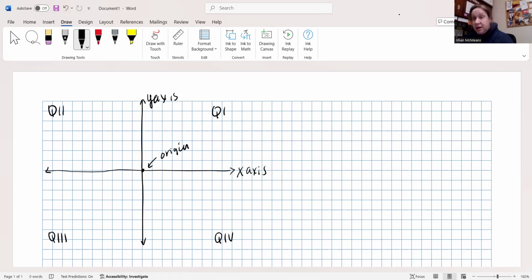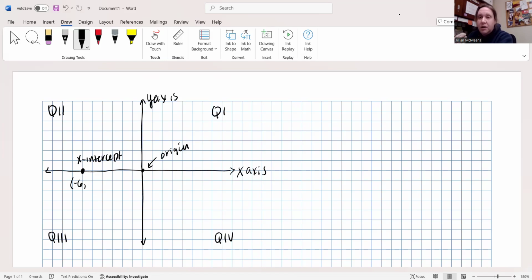Now, when you're looking at a graph on the Cartesian plane, a graph could touch the x-axis or the y-axis. It could touch it or it could cross it. That would be an intercept. So if I'm over here, this point right here, that point is on the x-axis. This would be an x-intercept. And really pay attention to what the ordered pair is. In order to get to this point, I would have to go to the left 1, 2, 3, 4, 5, 6. So this would specifically be -6, but then I don't go up or down.